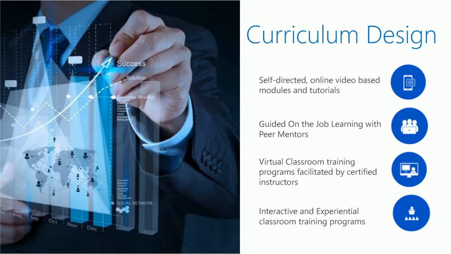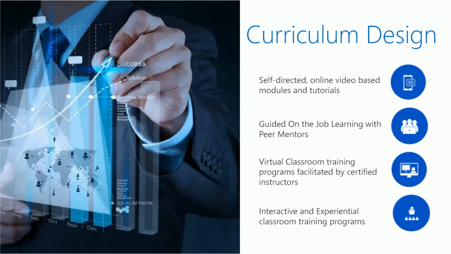So we typically will run them through a self-directed online learning module, and they go get hands-on with a peer mentor. Then there's virtual classroom training programs. These are training programs that are facilitated by certified instructors for your onboarding program, and they're live and interactive, but they don't actually have to take someone out of a training program. A person can do it at a terminal, they can do it remotely, and these are very short chunks, but they're interactive.